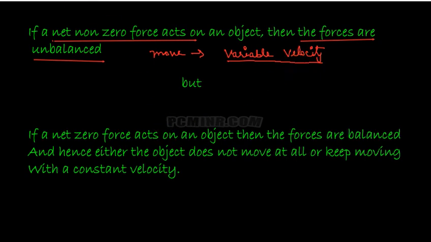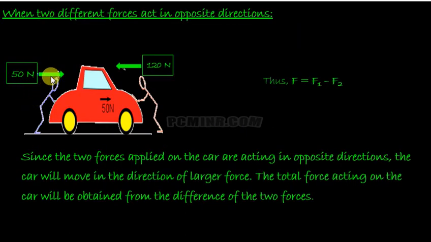But if a net zero force acts, as I just showed you, for example if one person pulls the car from one side with a force of 120 Newton and the other pushes it with a force of 120 Newton from the other side, like we can see here, then the net force is going to be 120 minus 120, and that will be 0.